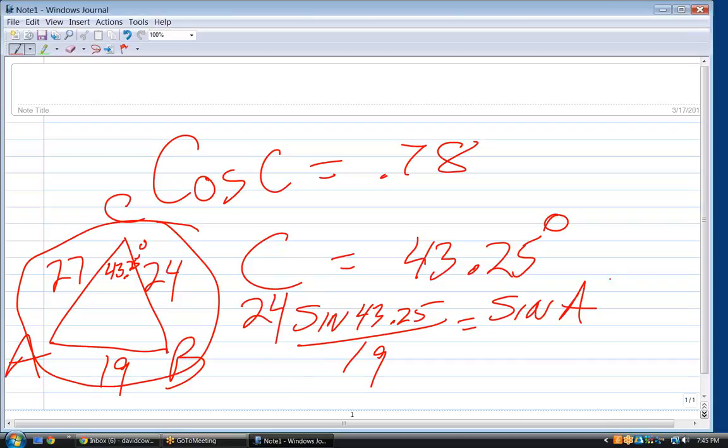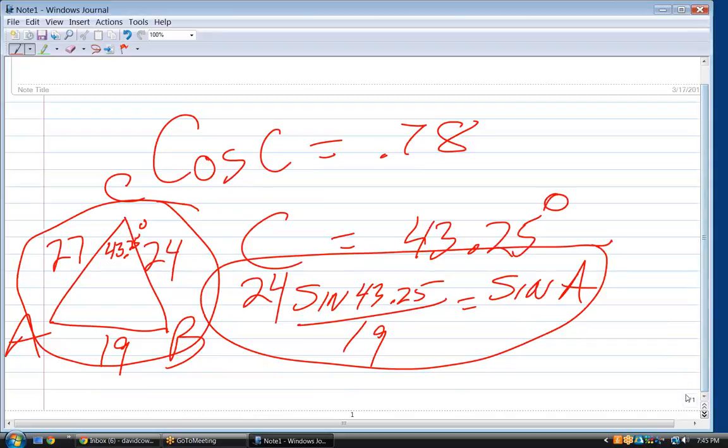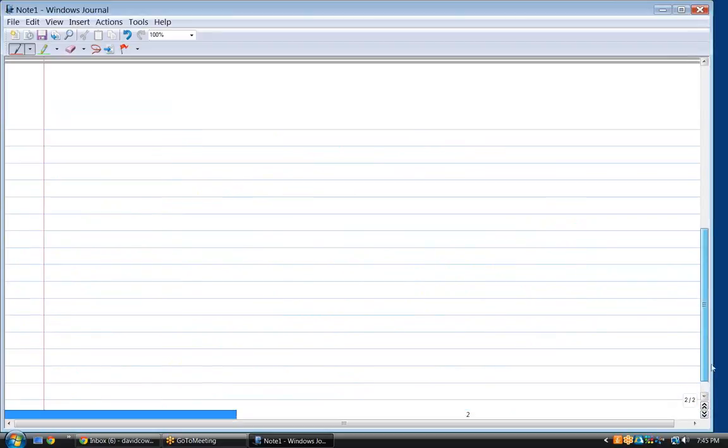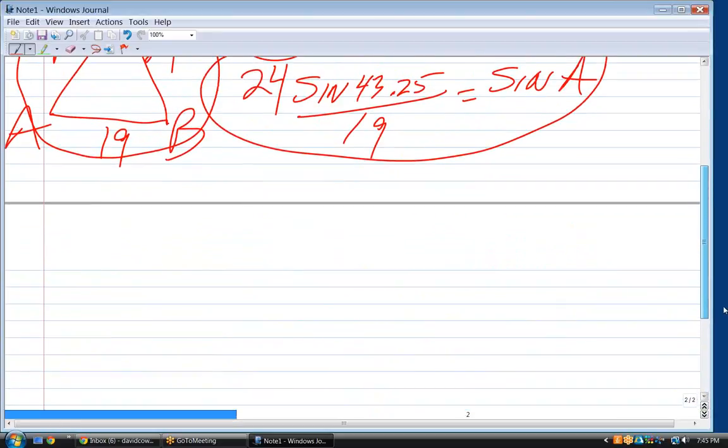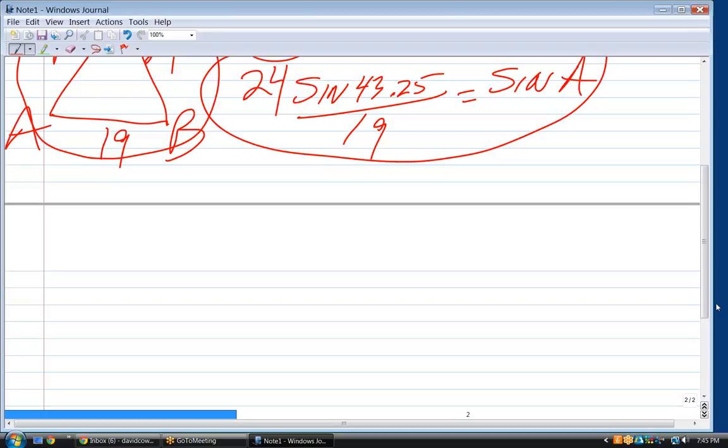What is that number on the left side? So do I just multiply the top and divide it by 19 then? Yeah, or you could take the sine of this number, multiply it by 24, divide by 19. You can do that in most any order you want.